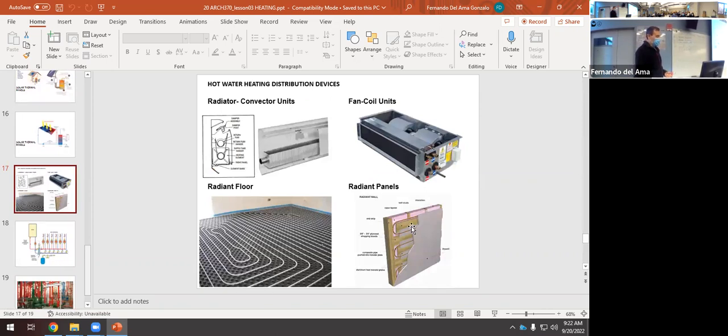Radiant panels are not very popular, but we can apply the same principle in walls, and fan coil units. And that's it. So we have to generate energy in hydronic systems. We transport this energy with water, so we need to heat up water.